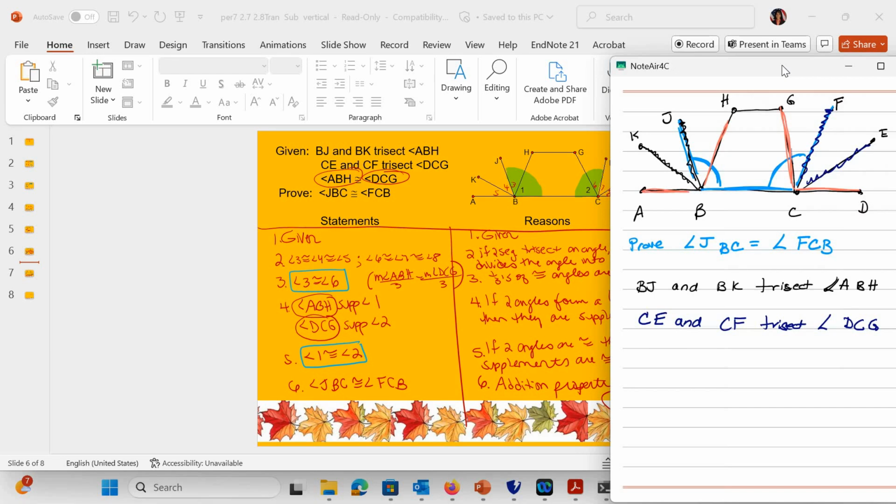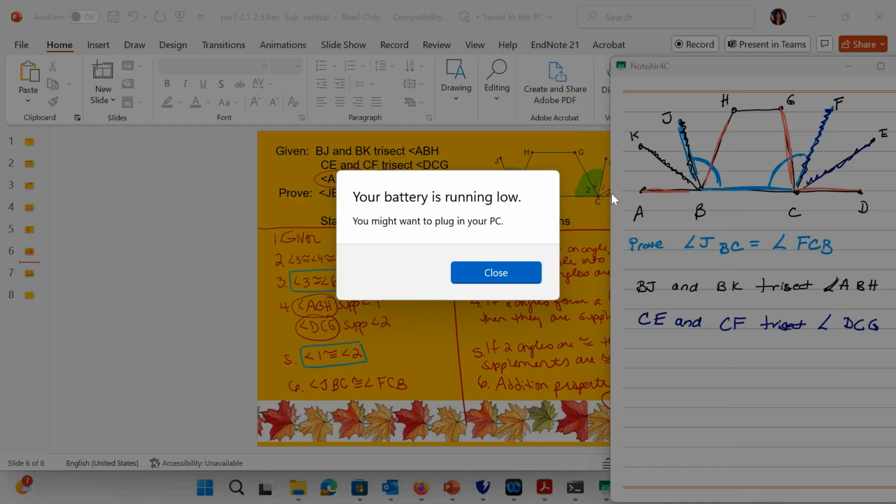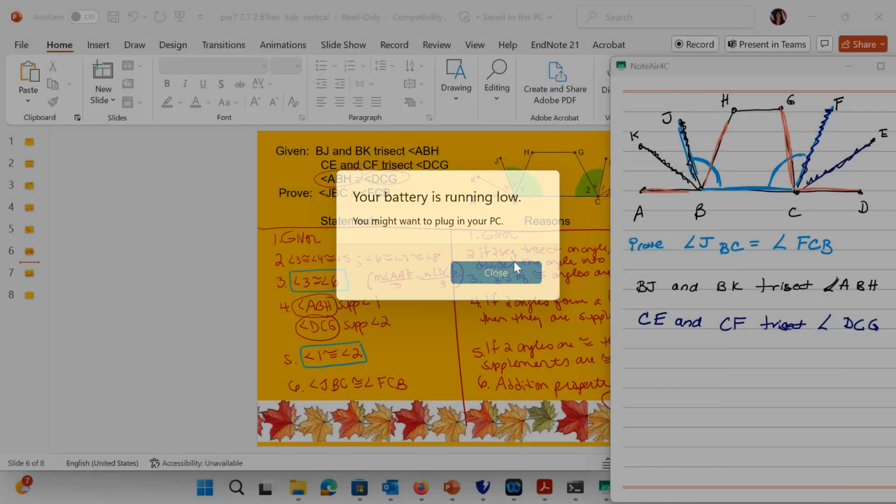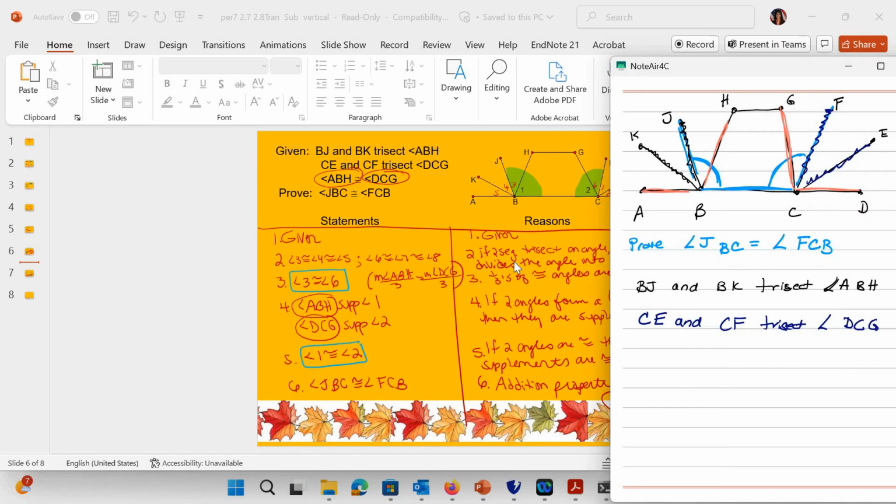Finally, the last piece of information that I'm given is that angle ABH is equal to angle DCG. Those are the 2 red angles.